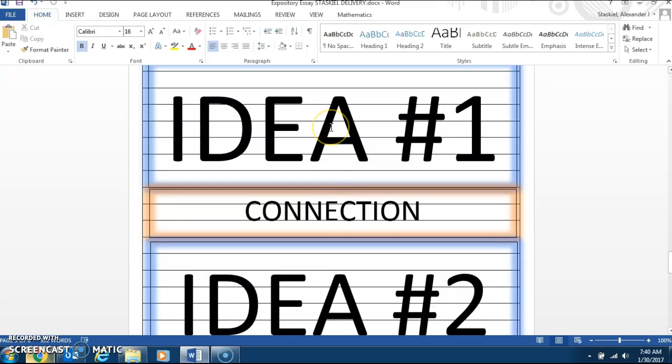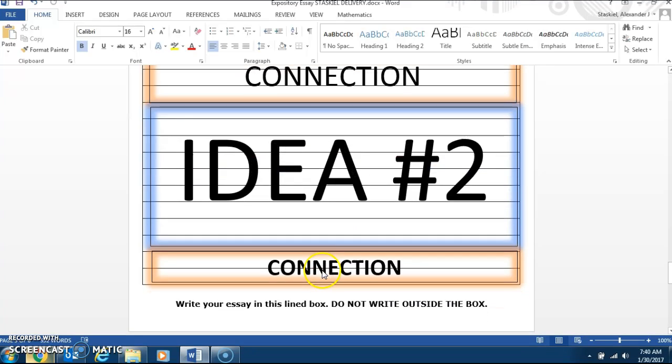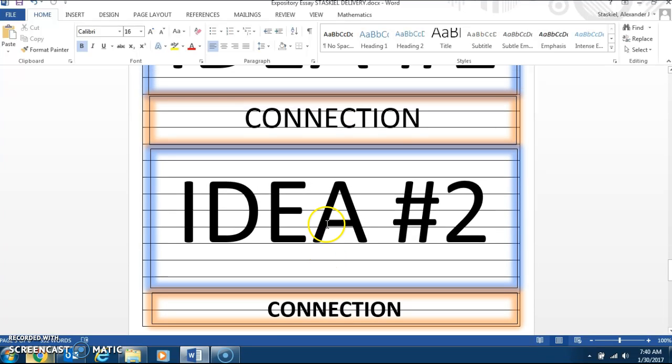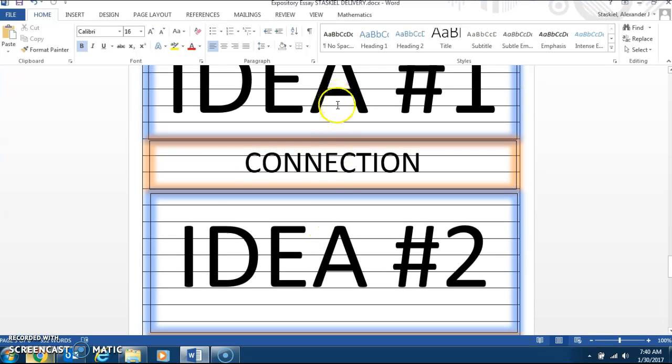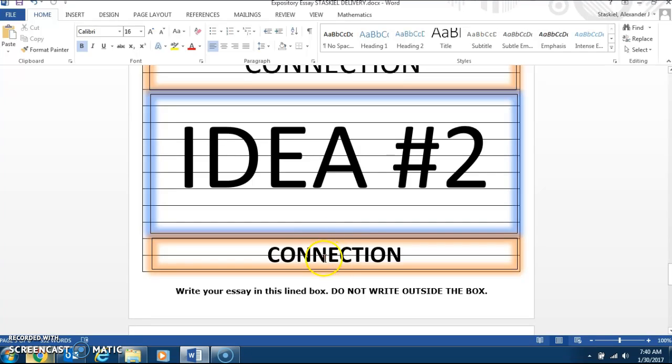Or if I feel like idea number 1 can connect to the outside world, I give 1 or 2 sentences here. Cool? Same thing for the connection down here. If I feel like idea number 2 can combine with idea number 1 again, I write a connection down here. Or if I feel like idea number 2 can connect to the outside world, I write it right down here.